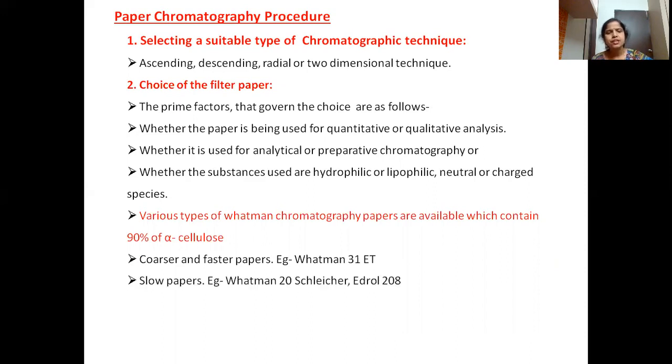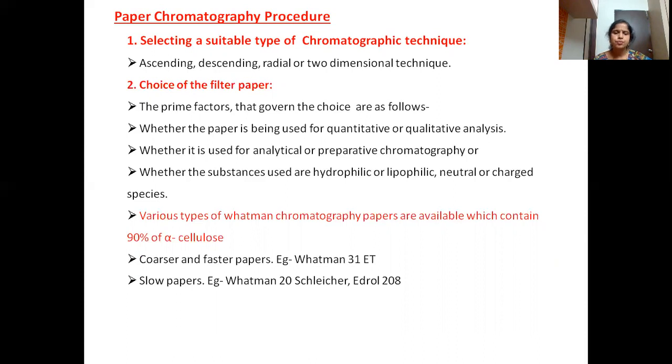Suppose we are taking Whatman 20, Schleicher or Edrol 208. These are nothing but company names, where the figures are given based on porosity. These papers act as slow papers, which means the development will take place very slowly. When the development is slow, the resolution of separation will be very efficient.